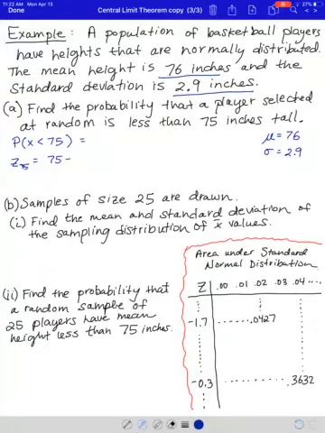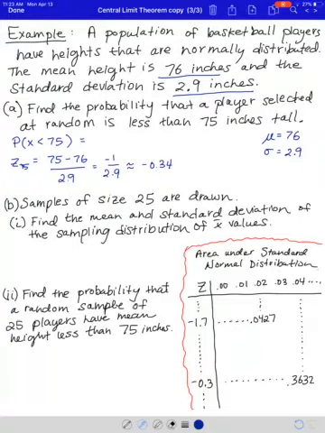So when we plug into our z-score formula, we'll get 75 minus 76 divided by 2.9, and this comes out to negative 1 over 2.9, which if you plug into a calculator, I believe that comes out to approximately negative 0.34.